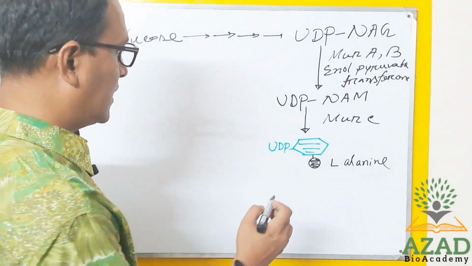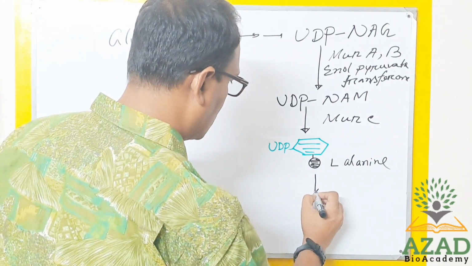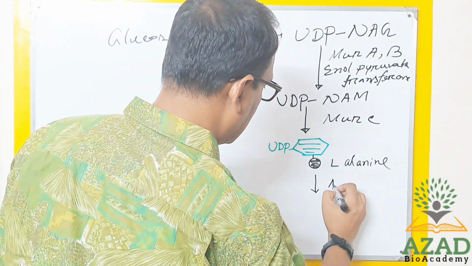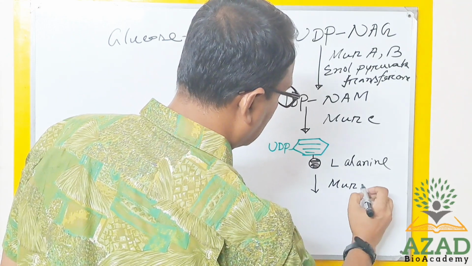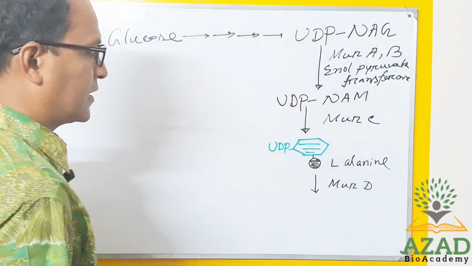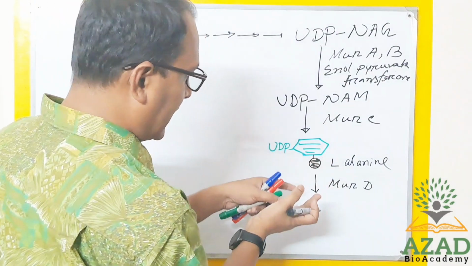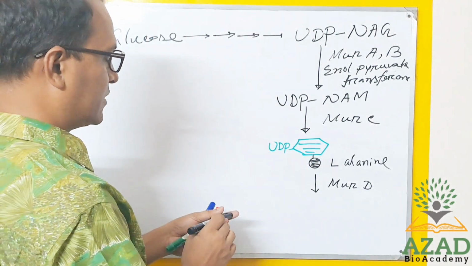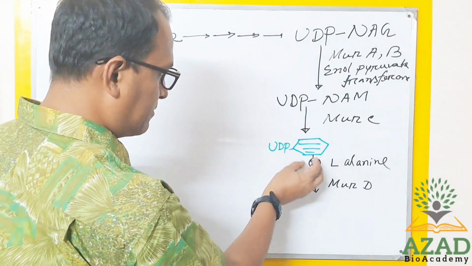Okay. Now another enzyme will work on it, that is MUR-D, and that will add another amino acid to form a dipeptide.